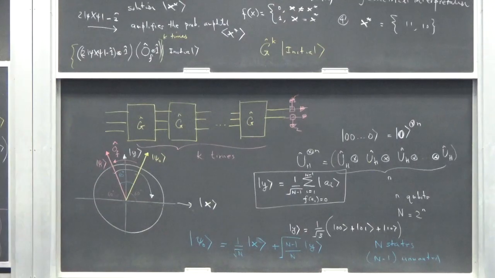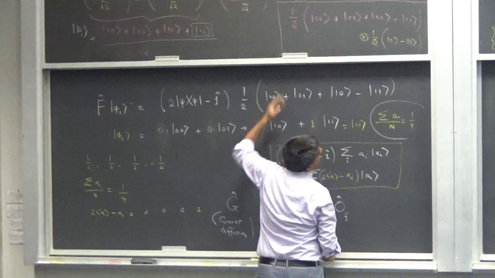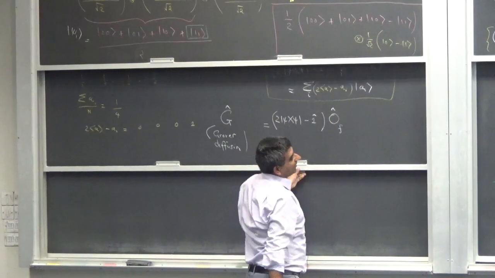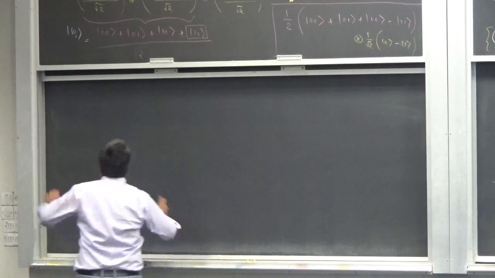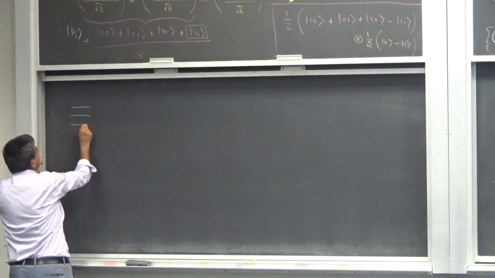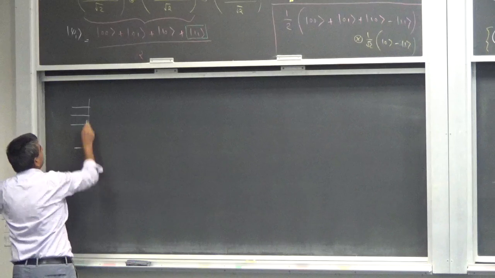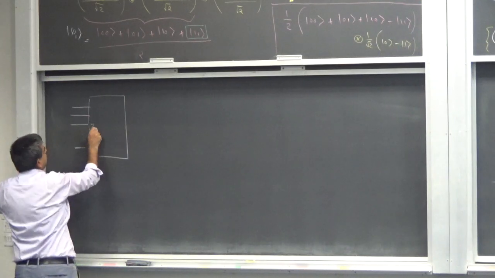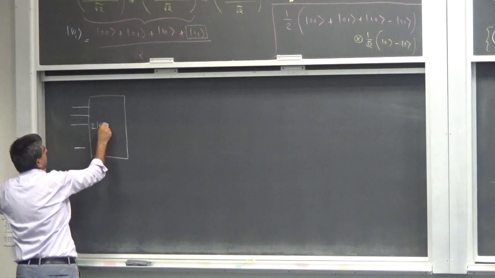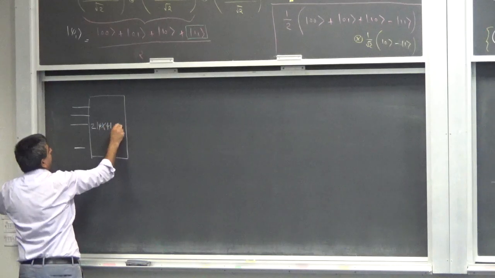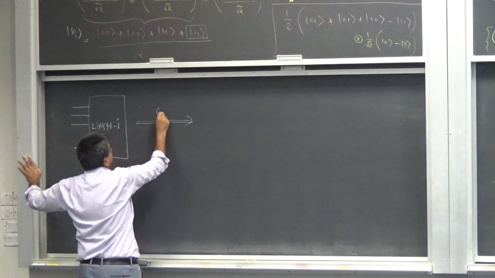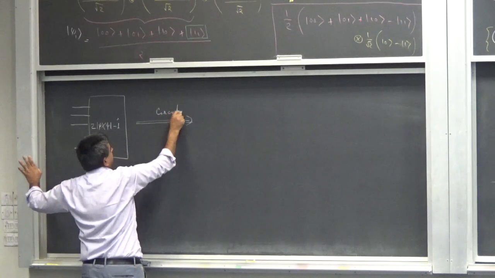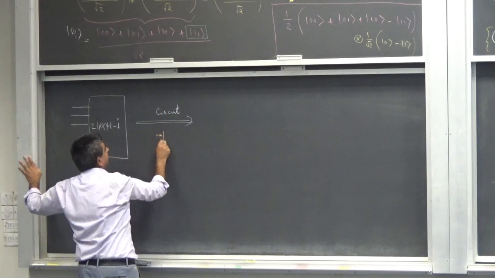One possibility is, let me first show you what the circuit looks like. So I'm going to show you an implementation of this operator, the amplification operator, its circuit implementation, because you want to build a quantum computer as well.